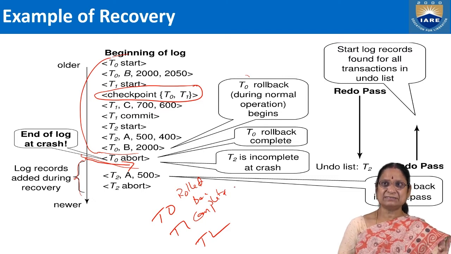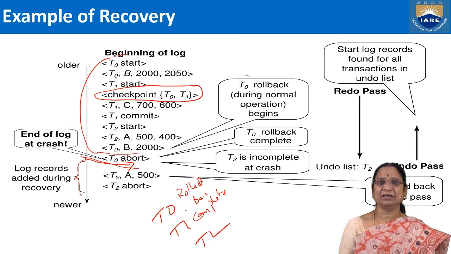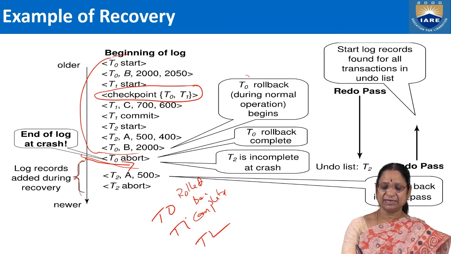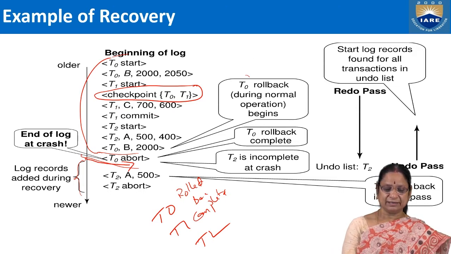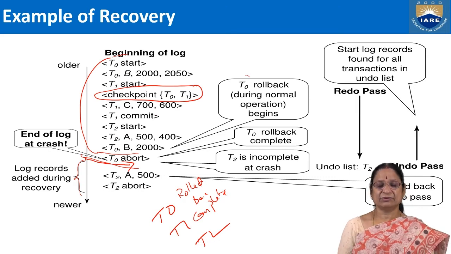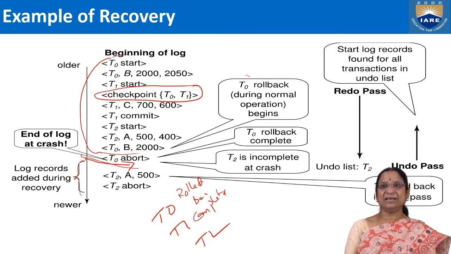So while doing the redo process, T0 start is there, and T0 abort is there. When this T0 abort is there, then T0, which was initially in the undo list, is removed from the undo list. T1 also has start and commit, so T1 is completed. So T1 is also not included in our undo list.